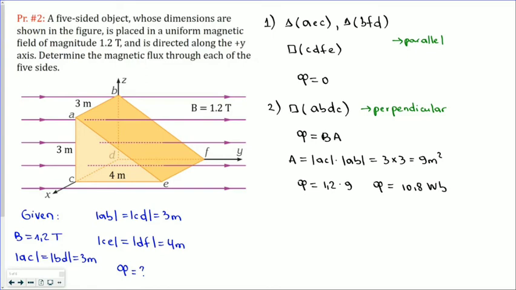So this is the flux through the perpendicular side ABDC.